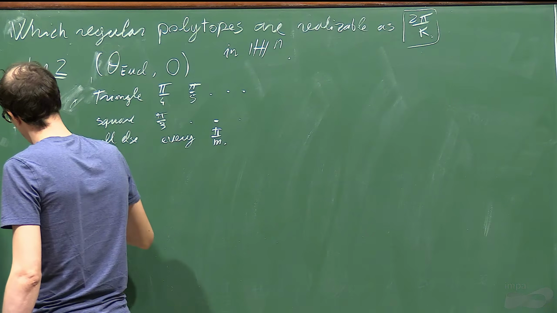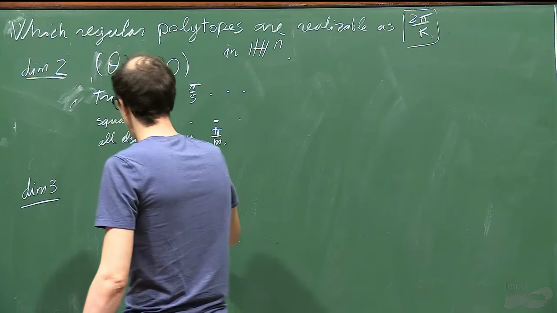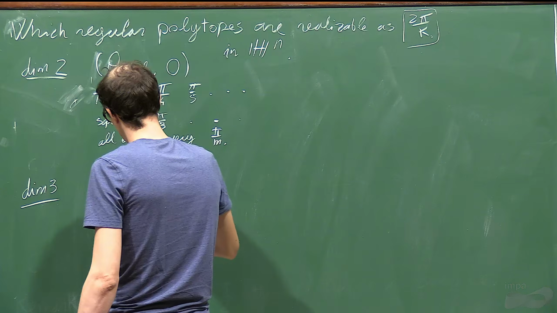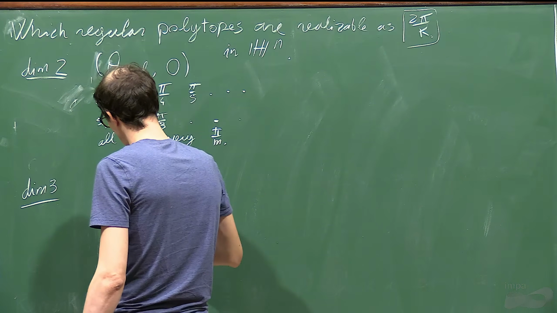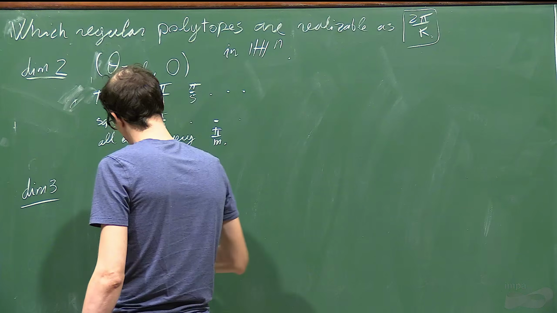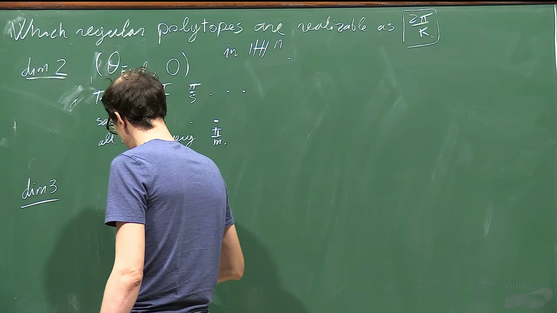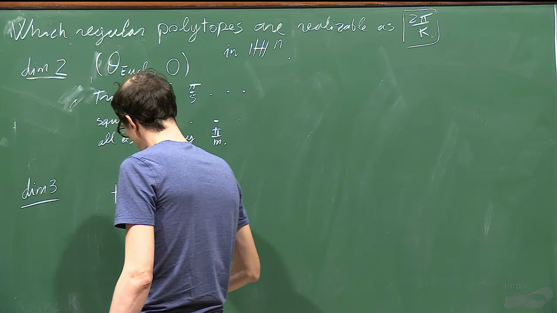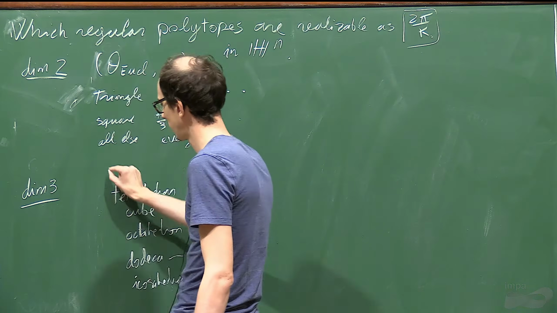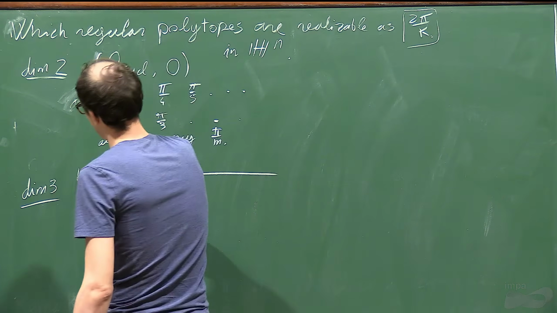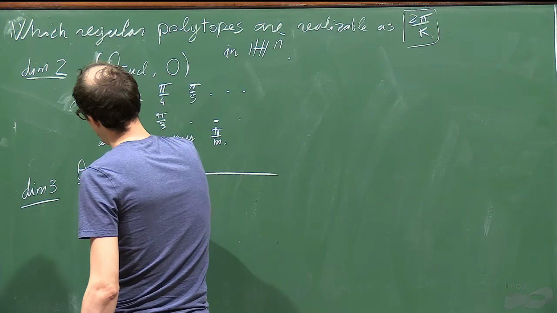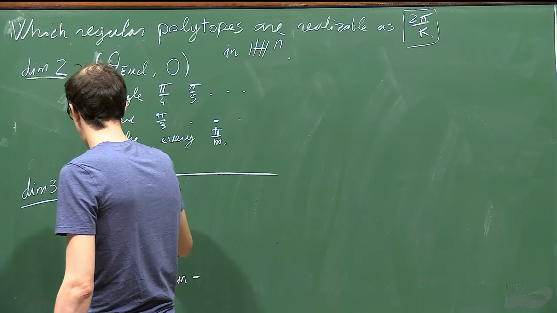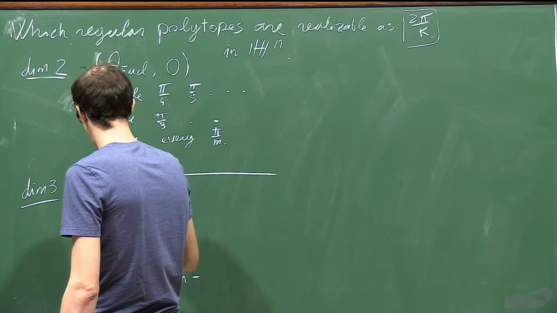Dimension 3, let's make a table. So we have the tetrahedron, the cube, the octahedron, the dodecahedron, and the icosahedron. I'll write here the Euclidean angle. And the Euclidean angle is going to be around 70 for the tetrahedron, 90 for the cube.